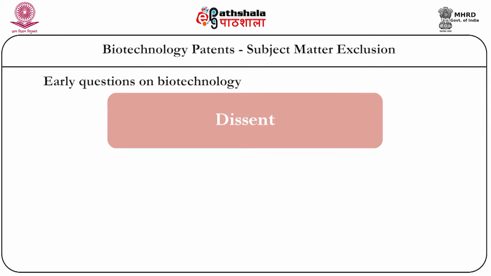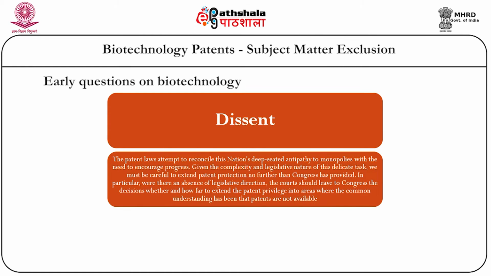But there was a huge dissent to this particular case. In dissent, the judges said the patent laws attempt to reconcile two notions: a deep-seated antipathy to monopoly, and the need to encourage progress. Given the complexity and legislative nature of this delicate task, we must be careful to extend patent protection no further than Congress has provided.